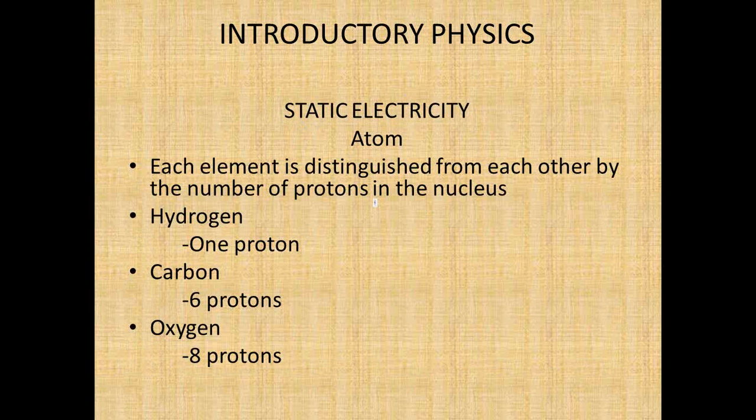Remember that the nucleus contains protons which are positive and neutrons which are neutral. So the hydrogen atom has 1 proton, and when you look in your periodic table, you can identify it. The hydrogen atom has 1 proton, the carbon atom 6 protons, and the oxygen atom 8 protons.